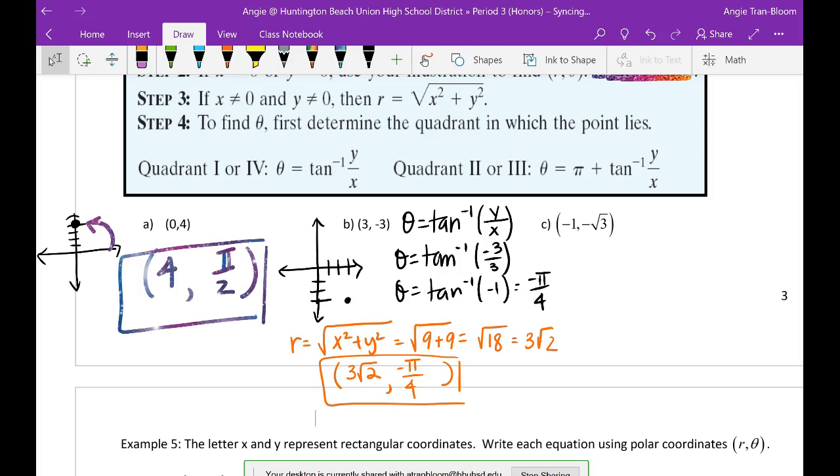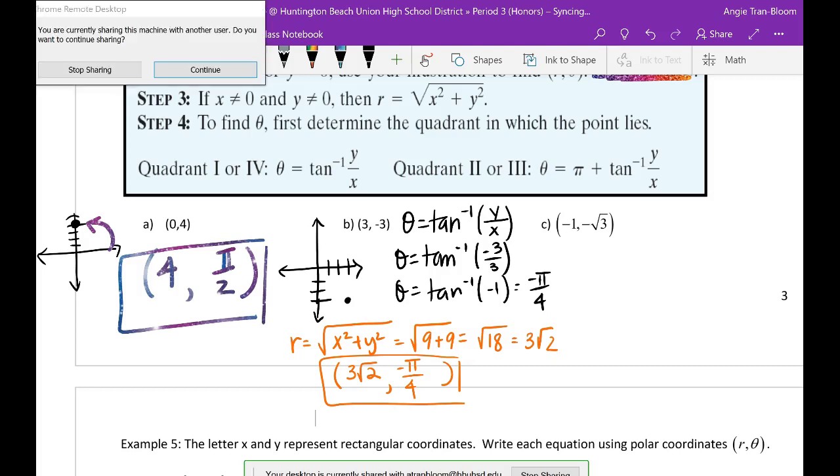And then you have to add 4 pi over... 2 comma 4 pi.